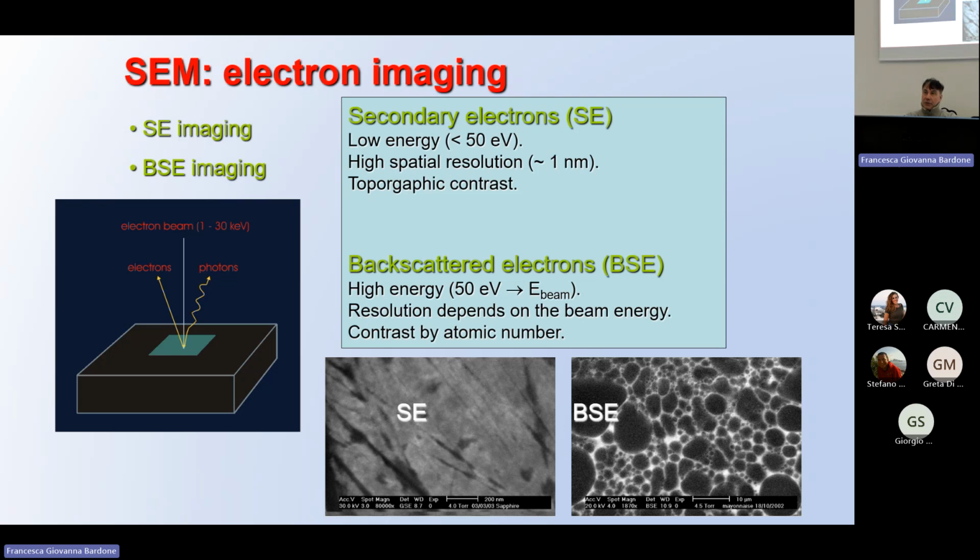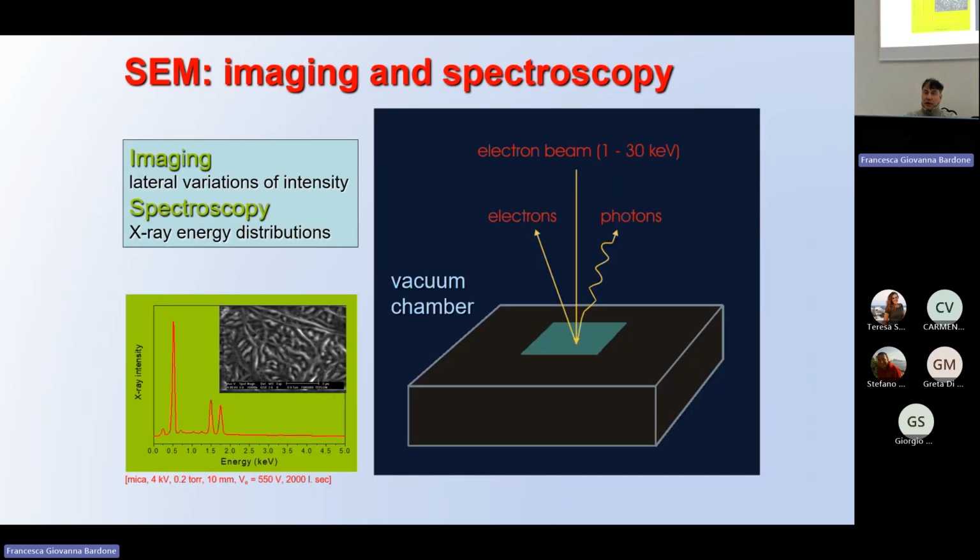Remember the lecture before, I said when an electron coming from the source hits the surface, you can produce other electrons, not the primary ones, but others.